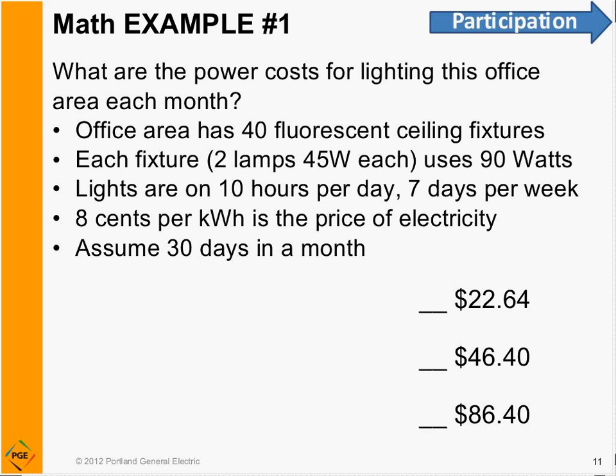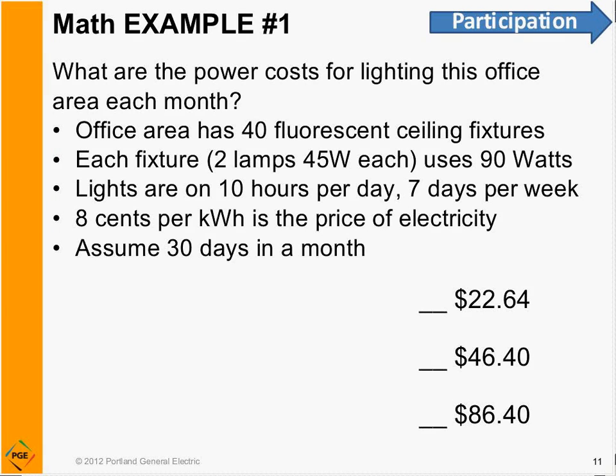So let's do some math examples. These are ones from a specialist we have here in lighting, Mark Whitney. He's lighting certified, he's green building certified, and he works a lot with our customers. This is a pretty typical example of a small one office area, 40 fixtures.